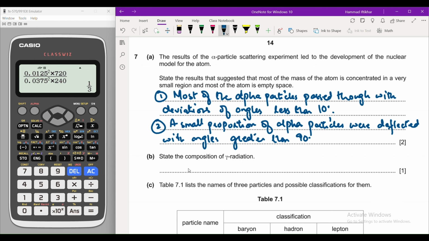State the composition of gamma radiation. So this is just electromagnetic radiation. Electromagnetic radiation or wave, or we can also say gamma photons.